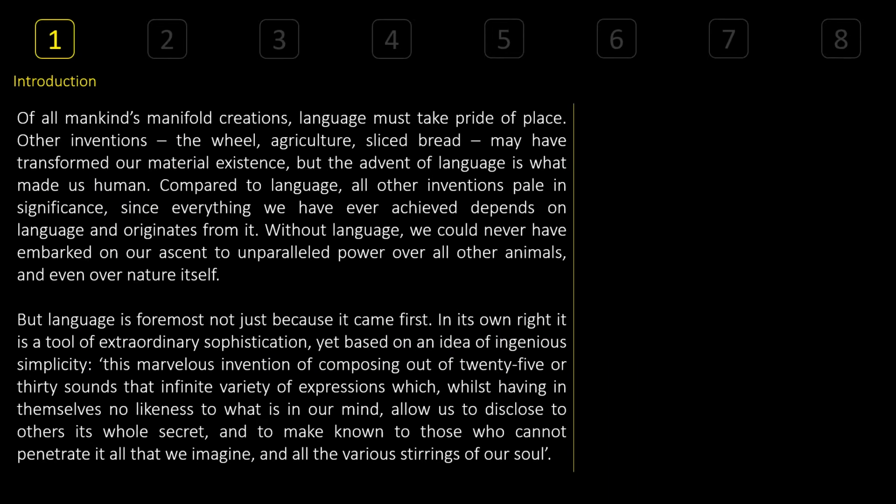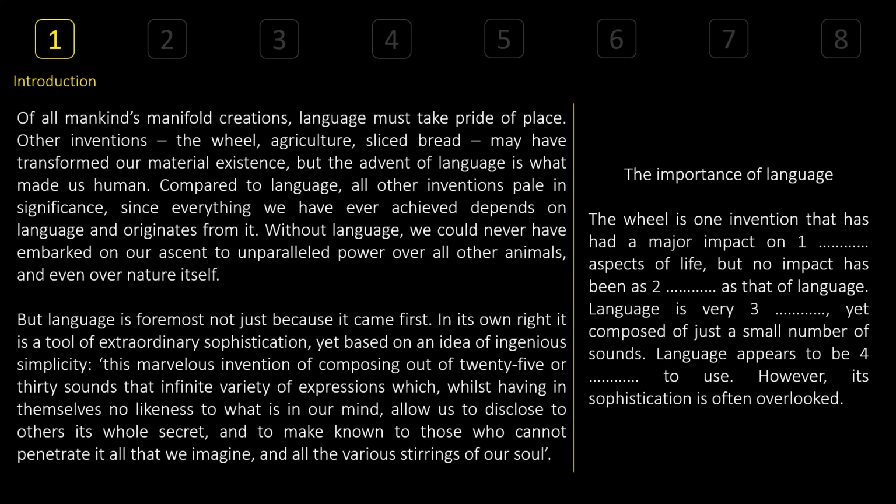Now look, we have a list of paragraphs, paragraph 1, paragraph 2, and this whole is called the passage. Now we have a summary which says the importance of language. Where do you think you'll find the answers? We'll see later, but this is how the question looks in summary completion. There will be instructions, which we'll see later as well. This part will correspond to either paragraph 1 or paragraph 2.